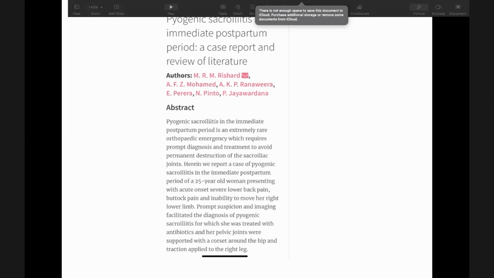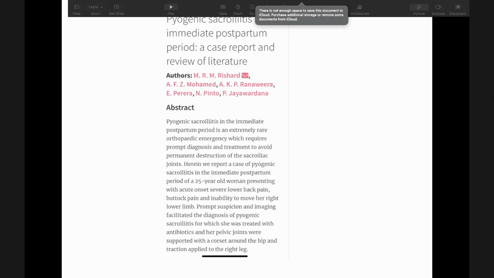It spread hematologically into the joints, and this GBS caused an abscess in the sacroiliac joint. After delivery, we mobilized her and positioned her in different positions. This got worse, and she had a subluxation in the sacroiliac joint, and she was not able to walk after delivery.